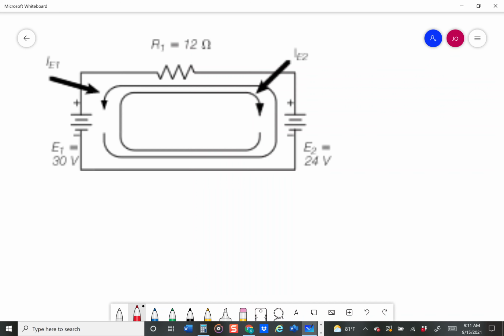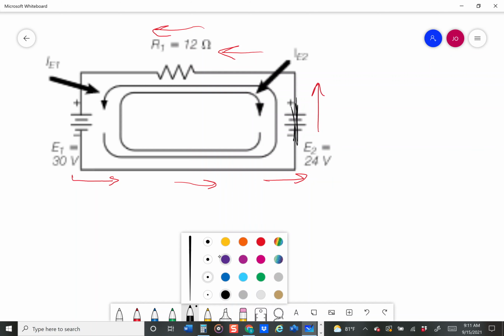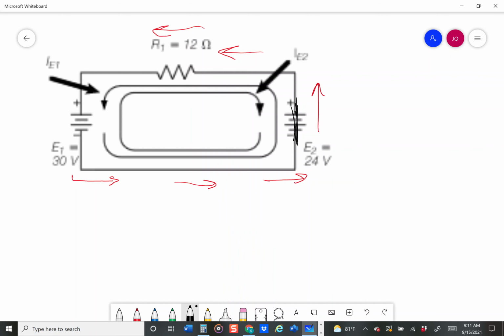And we know that the current flow, because of voltage source 1, is going to flow this way. And we are going to act like voltage source 2 does not exist. We're going to basically jumper that out, like that doesn't even exist.